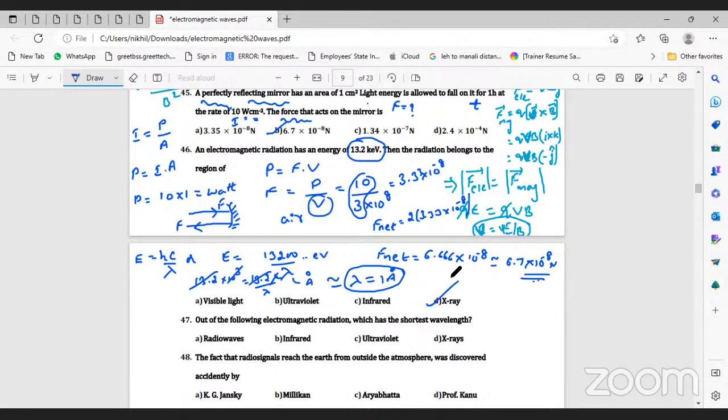You know that the wavelength range of X-rays is approximately 1 angstrom. So for an energy of 13.2 kilo electron volt, the wavelength is about 1 angstrom. That is for X-ray.